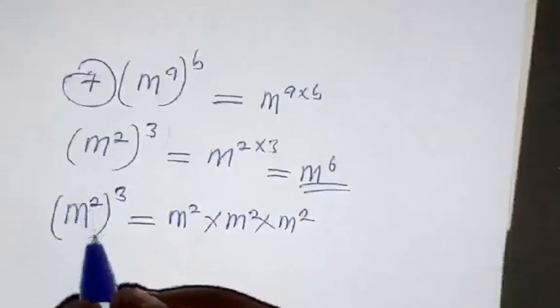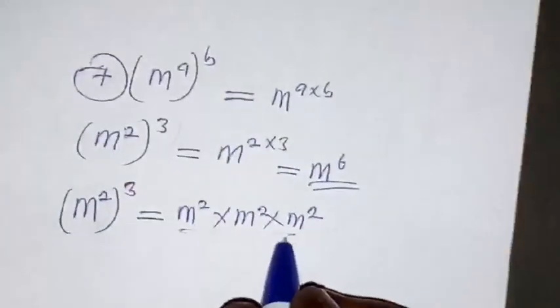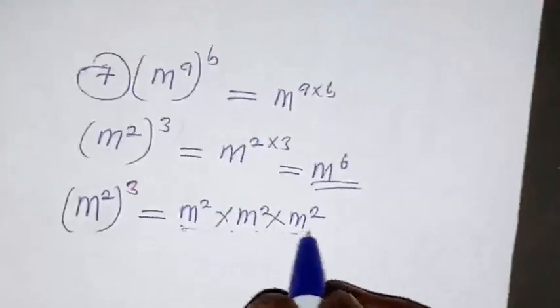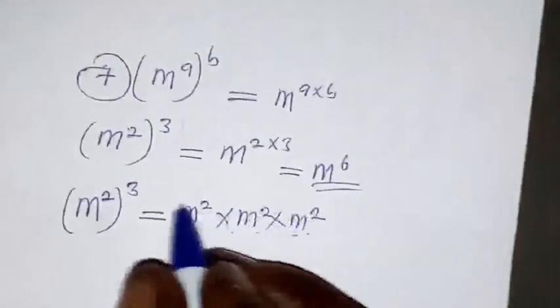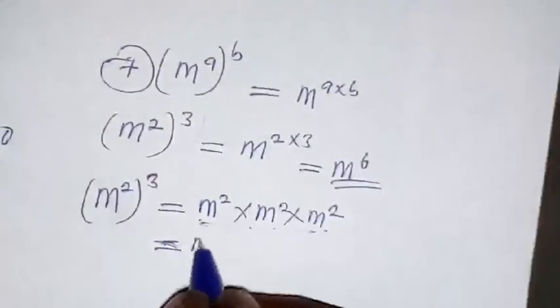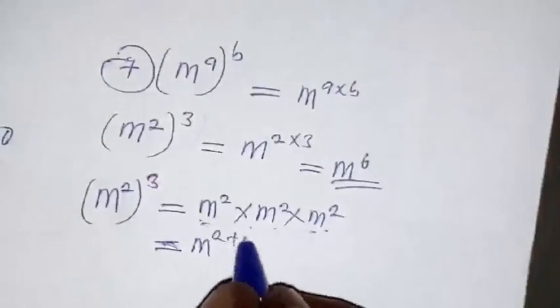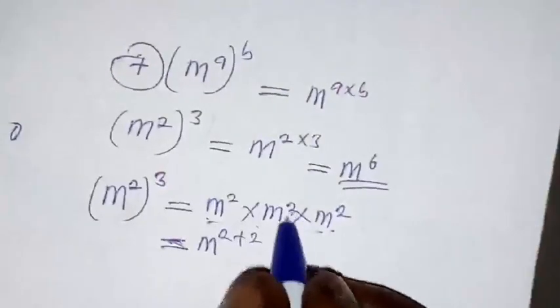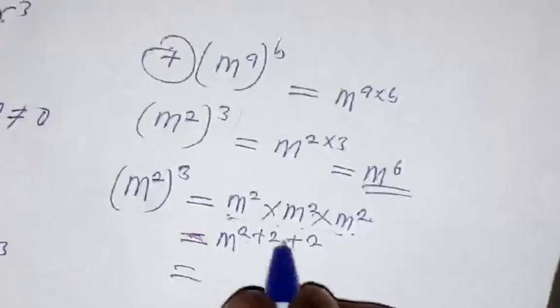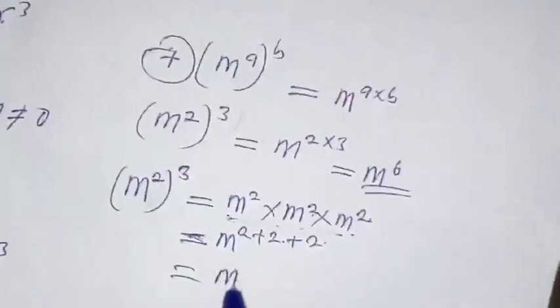Then from this expression we can apply the addition law, because the addition law says that if bases are the same, we just take one and add the powers. Then we can have m power of 2 plus 2 plus 2. Then we can have 2 plus 2, 4, plus 2, 6.